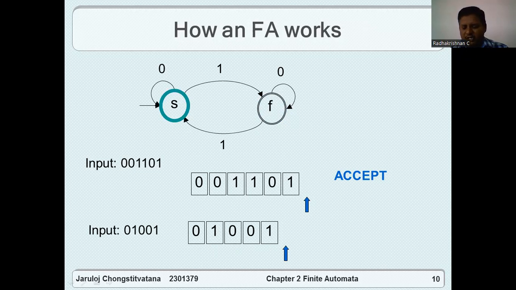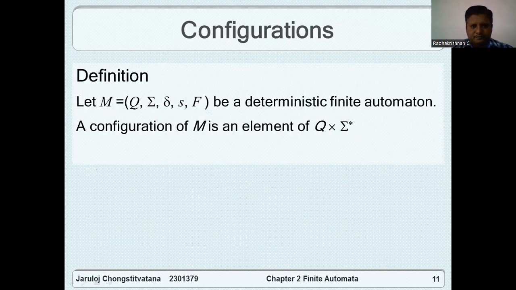There is no element in the input, so there is no further input parsing. Now the current state will be S. It is not a final state, so it will be rejected. In this way, the input is parsed and the finite automata works.